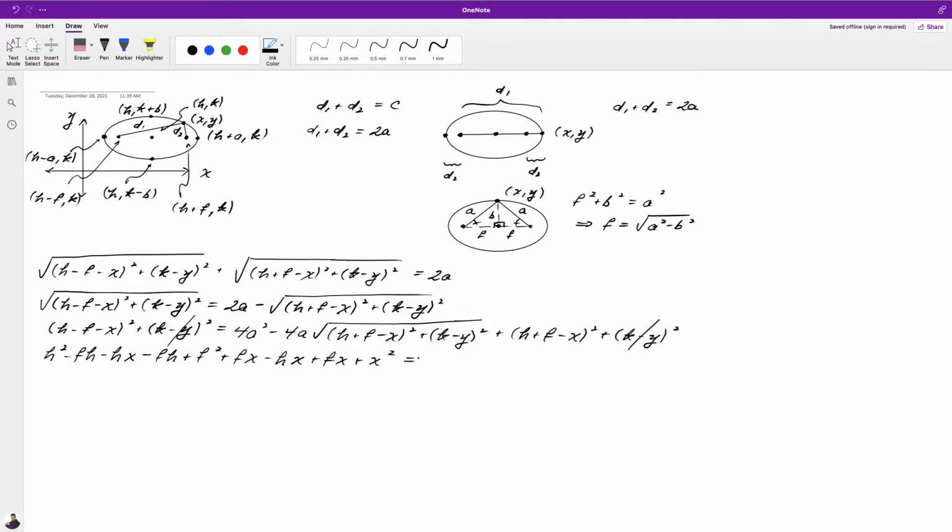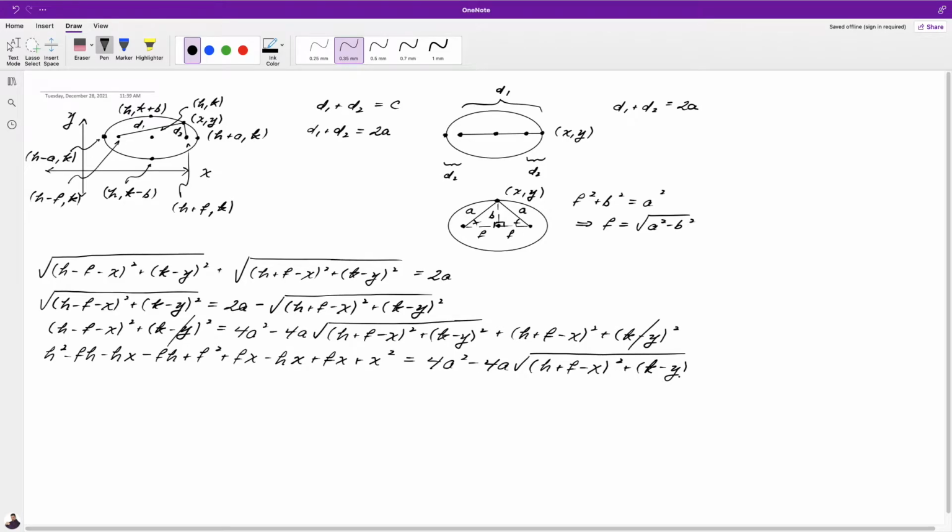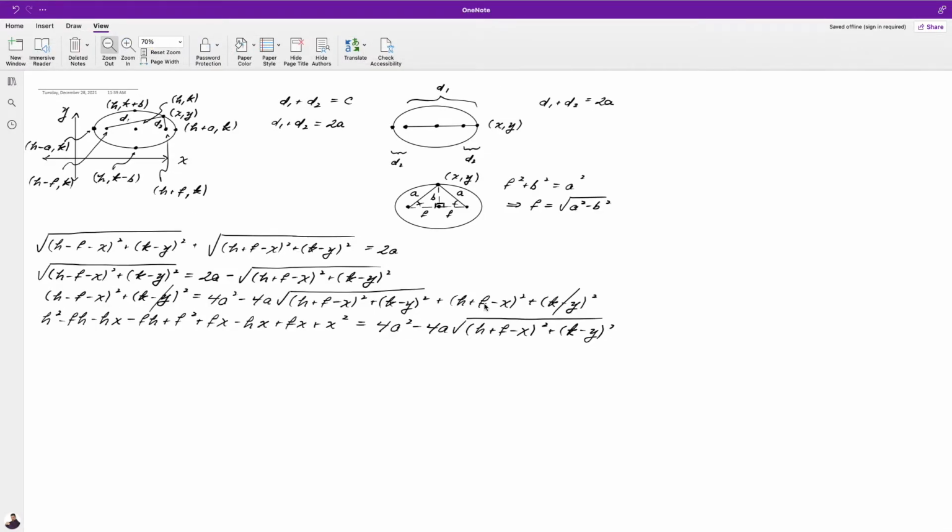There's your left-hand side. Right-hand side, 4a squared minus 4a square root (h plus f minus x) all squared plus (k minus y) all squared. Okay, let's maybe zoom out one more step so we can squeeze in these terms.